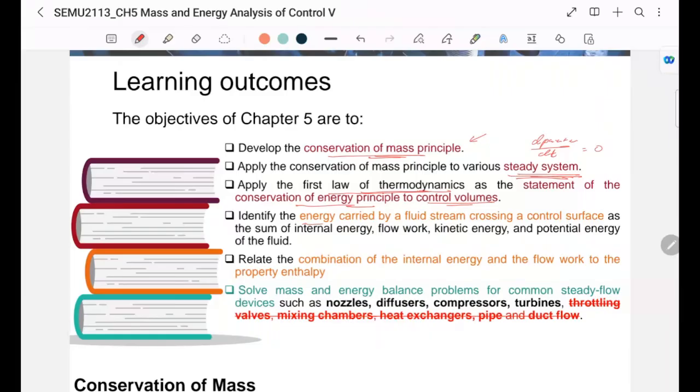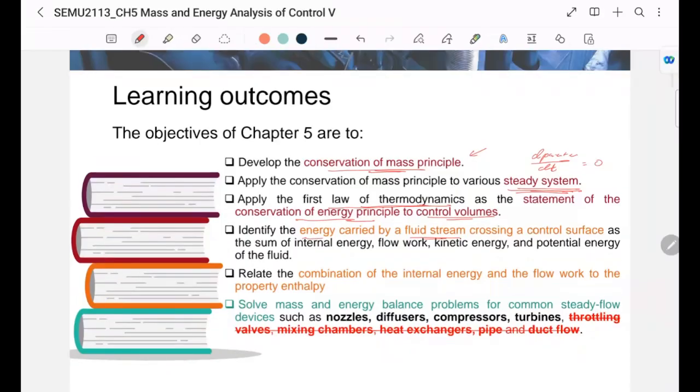And then we'll identify the energy, of course, because chapters 3, 4, 5 are all about energy. So we're looking at the energy carried by the fluid stream across the control surface. When the mass goes in, how do we define the energy carried by the fluid? When the fluid goes out, how do we define the energy brought out by the fluid itself?